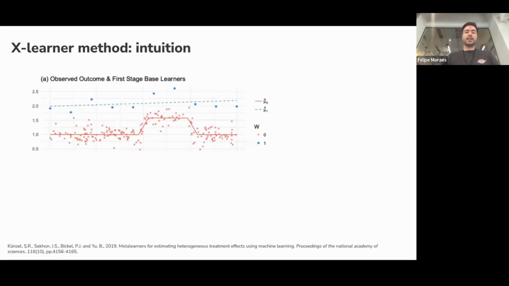Back to that image that I talked about, the drawback of the T-learner was being able to learn the nonlinearity that we have in the treatment, in the blue dots, which we don't learn once we have fewer data.